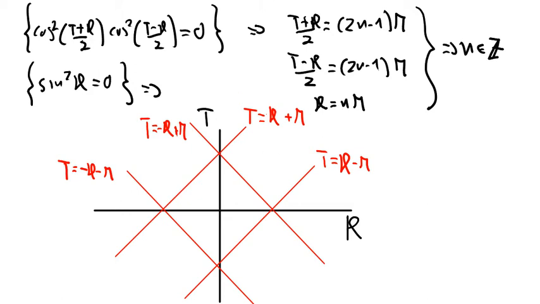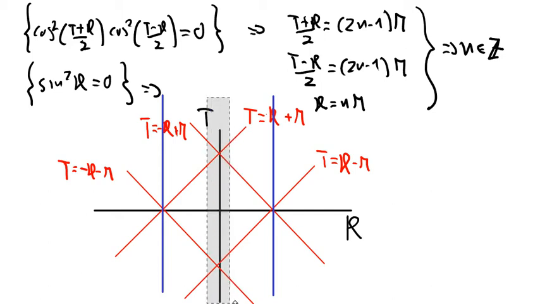So we have these vertical lines, and of course we have the axis itself, which corresponds to this set. Maybe I should just draw the vertical axis in blue, just to stress that fact.